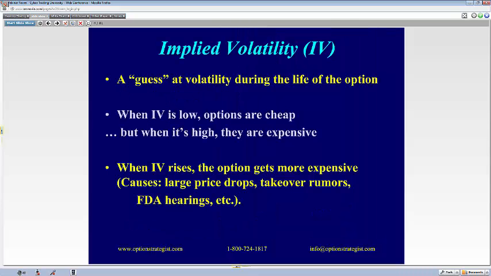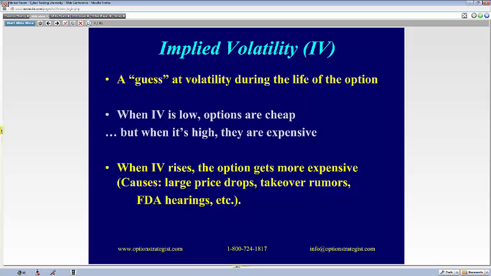All right, well, we're going to talk about volatility. There's two kinds of volatility, at least to an option trader. The one is how fast something has been moving around in the past. That's historic volatility, or sometimes called statistical volatility. And pretty much everybody agrees on what that is. But option traders are forced to make a forward look too, a forward guess at volatility in order to price options.